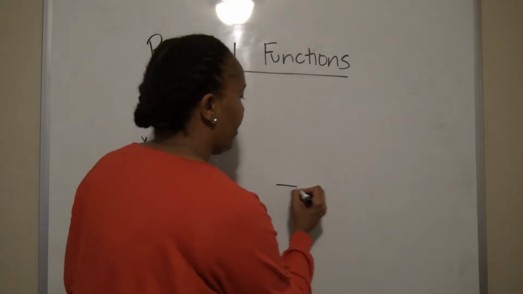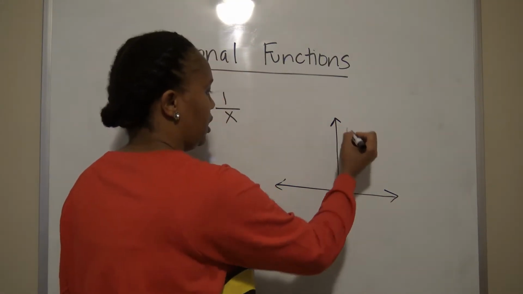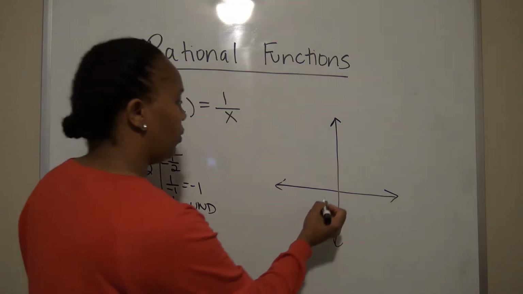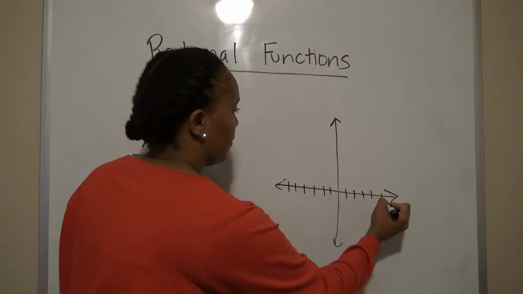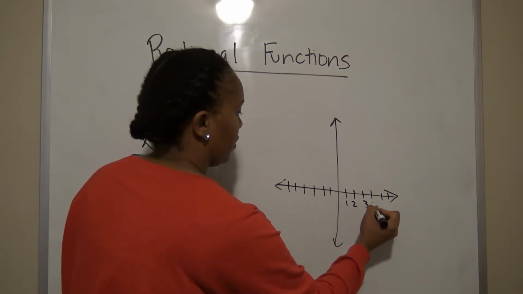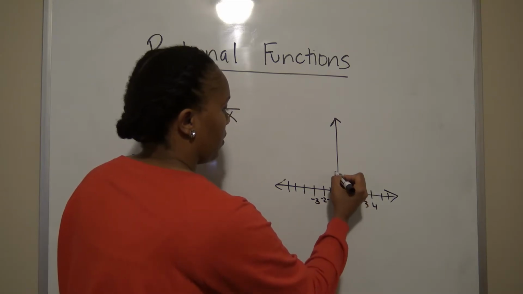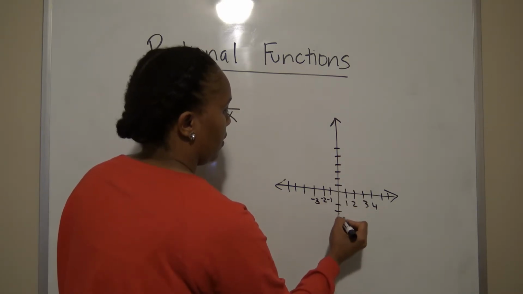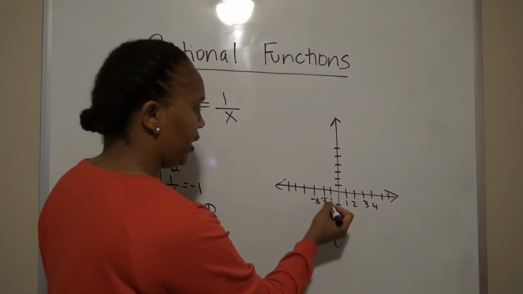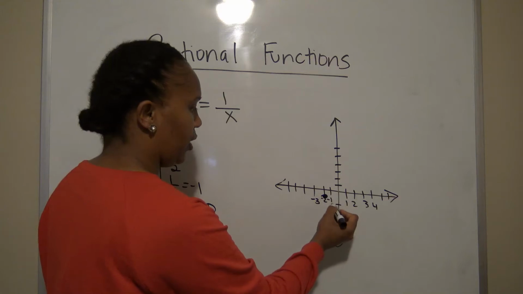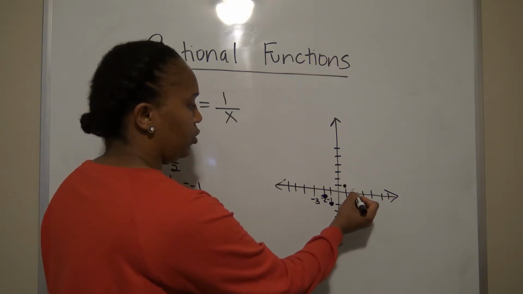Now, if I was to graph this, my graph will look like, so let me put my little marks on here. -2, -1/2 would be about right here. -1, -1 would be here. 1, 1 would be here, and 2, 1/2 would be here.